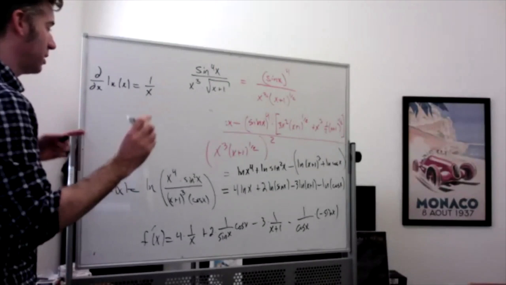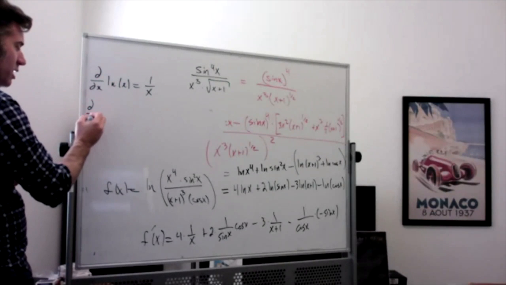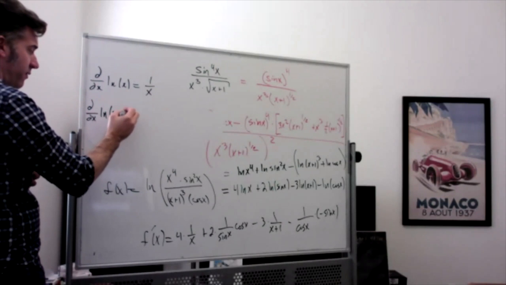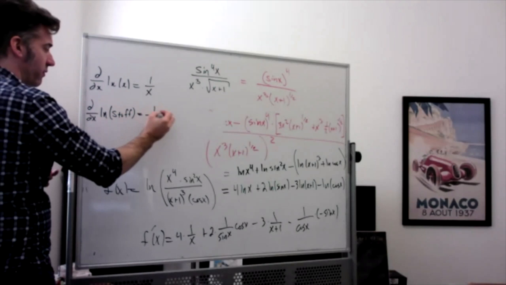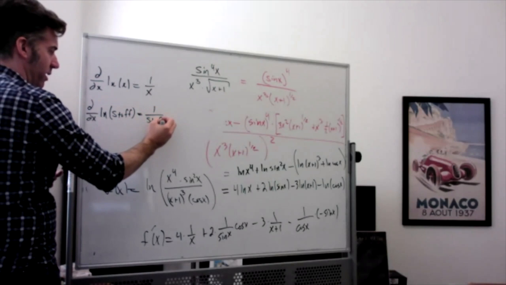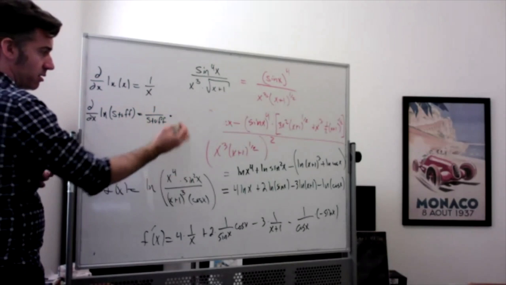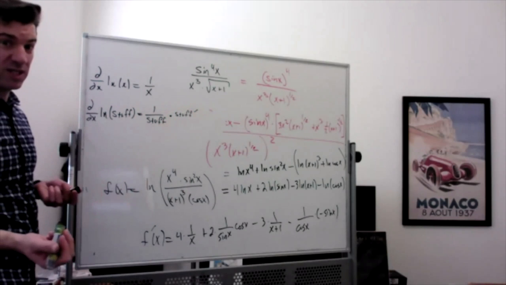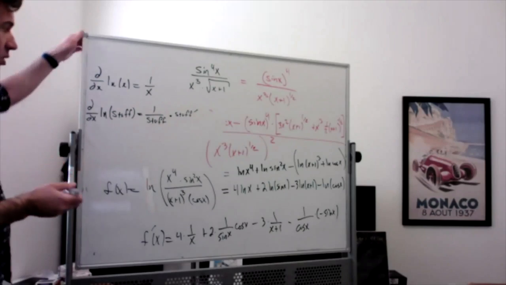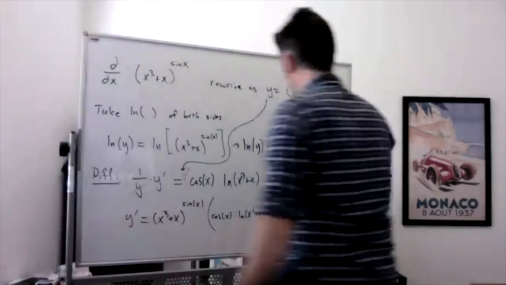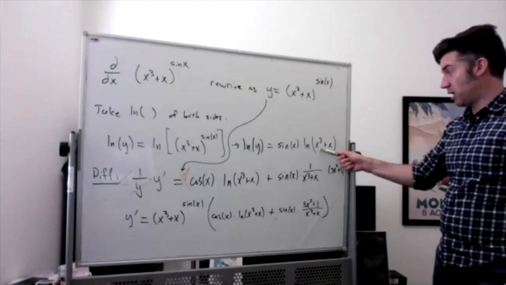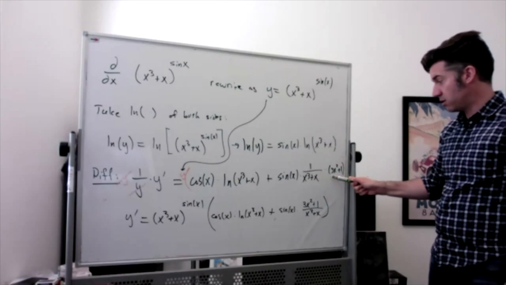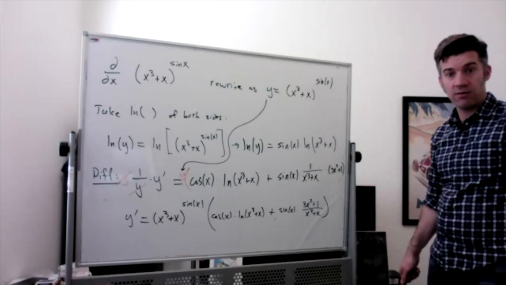And so all I'm doing on the other side is using the chain rule version, saying the derivative of the natural log of some stuff is 1 over the stuff, but then what do I have to multiply by? The derivative of the stuff. So here, when I'm taking the derivative of the natural log of some stuff, I'm getting 1 over the stuff times the derivative of that stuff.